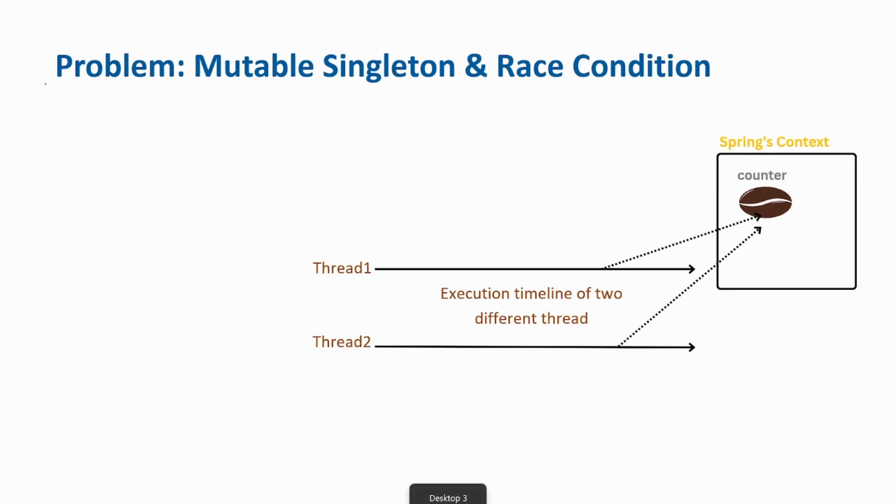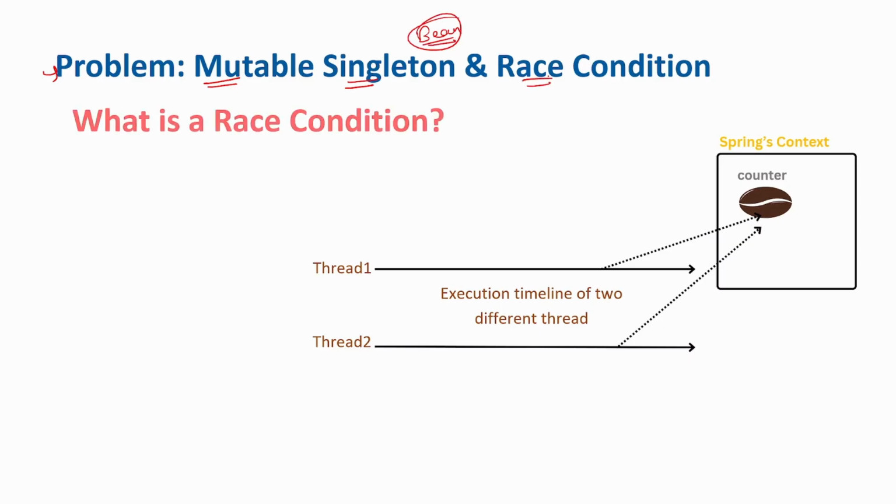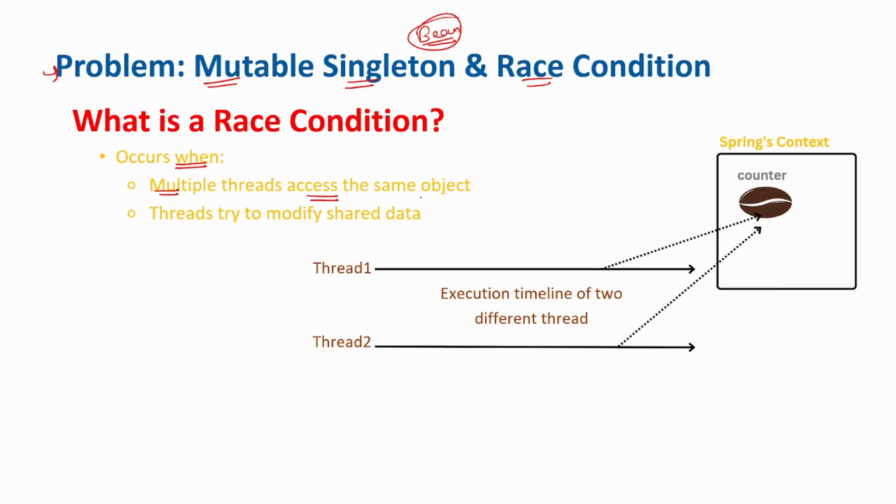Let's see what the problem with a mutable singleton bean is and what a race condition is. When does a race condition occur? When multiple threads access the same object.